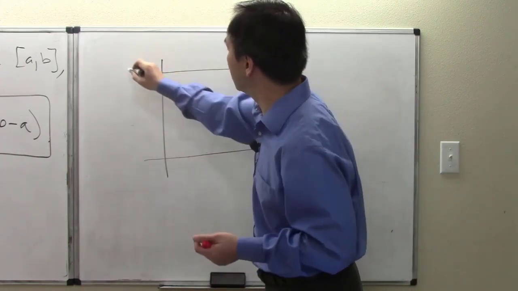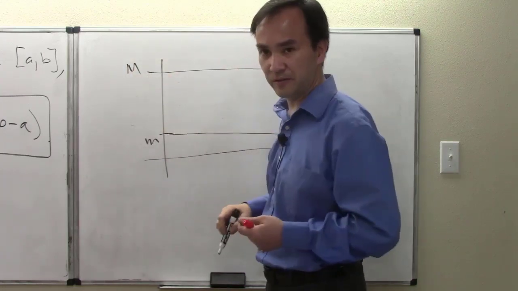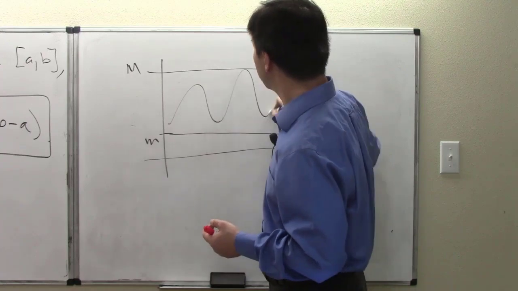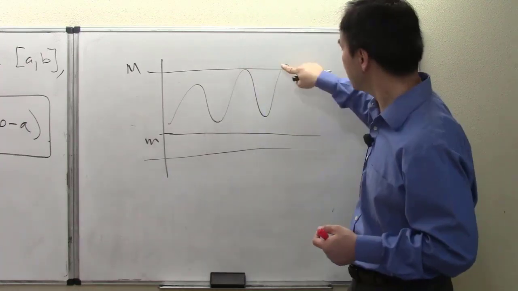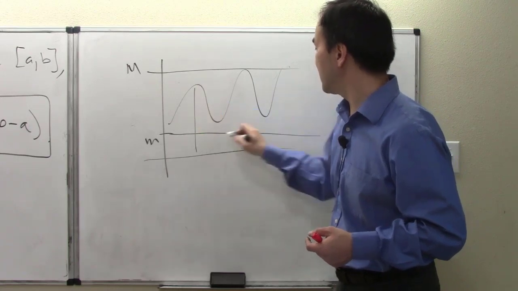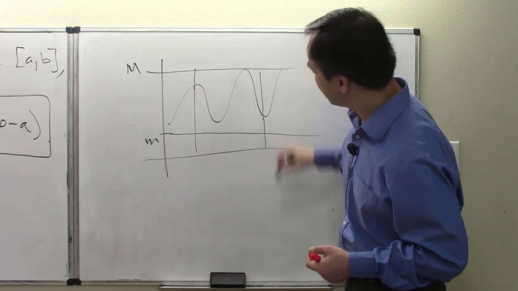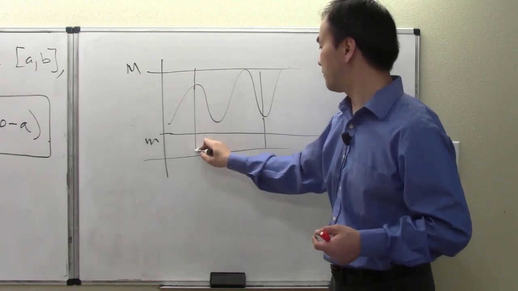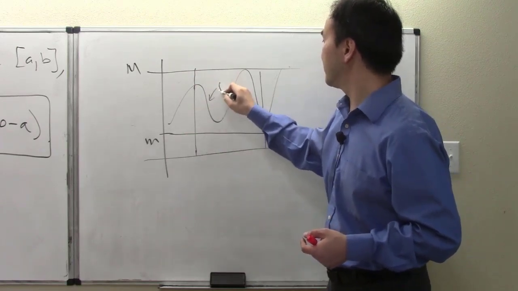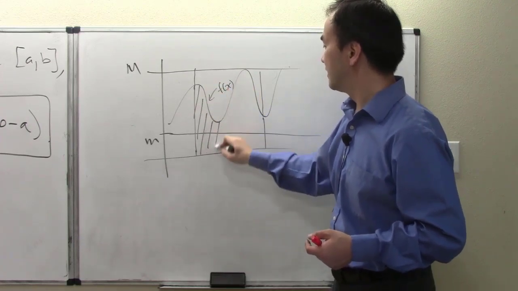Lowercase m is here, capital M is here, two separate functions, but our function f of x is trapped in between, in the interval from a to b. So the integral of f of x, this is f of x, the integral is here.